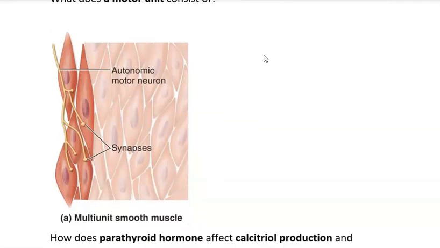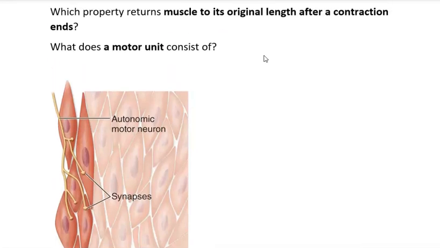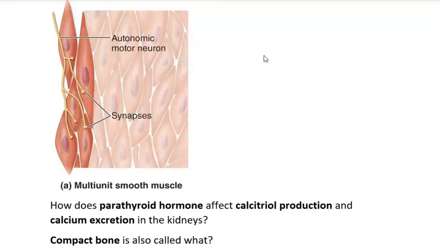A motor unit consists of a single motor neuron, so just one neuron, and the multiple muscle fibers it innervates. So you can see here you have a single motor neuron and it's innervating 1, 2, 3, 4, 5 different muscle fibers here that we can see.